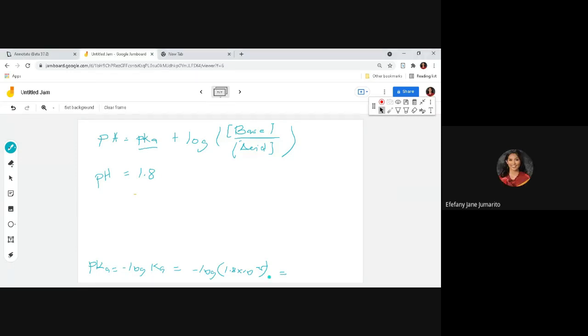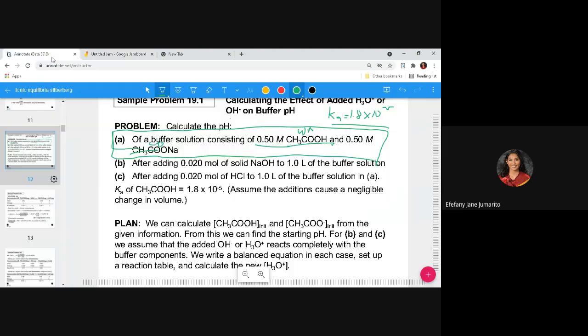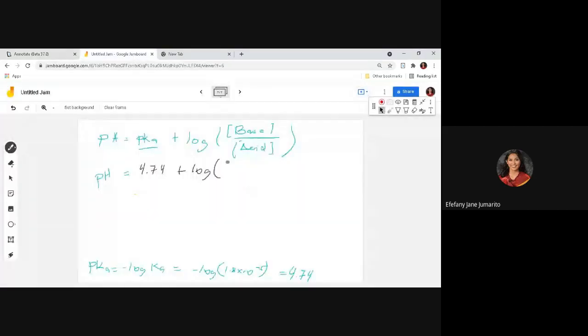We have 4.74. Yes, 4.74. Okay, so let's plug in the value. We have 4.74 plus log of the concentration of the base. What's the conjugate base here? Sodium acetate, 0.50 molar.